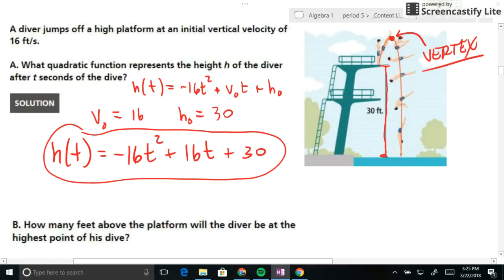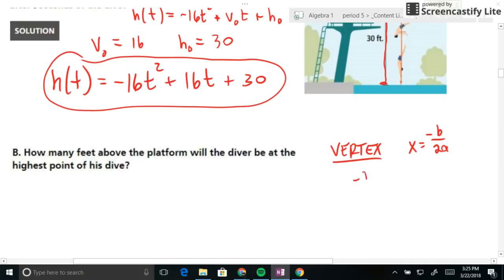In order to find the vertex, we have to do x equals the opposite of b over 2a, and then take that and plug it into the function.